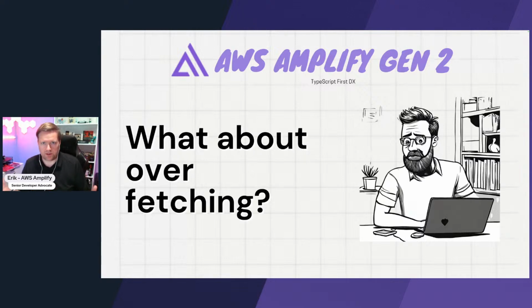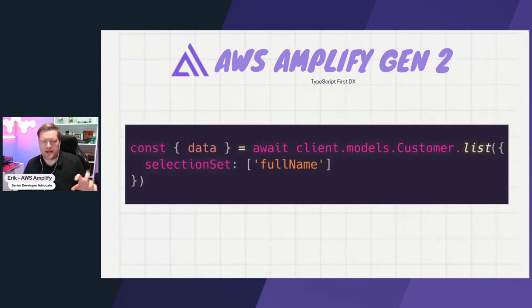But one of the big things with GraphQL is that it's easy to overfetch data. It's really easy to accidentally grab too much information. And the nice thing with Gen 2 is you can do the selection set, so you get exactly the data that you want back, just like you would do if you were writing a normal GraphQL or GQL query.